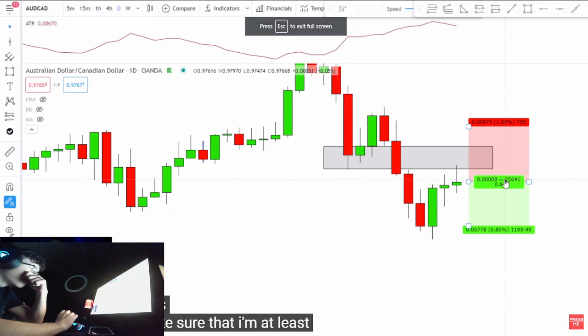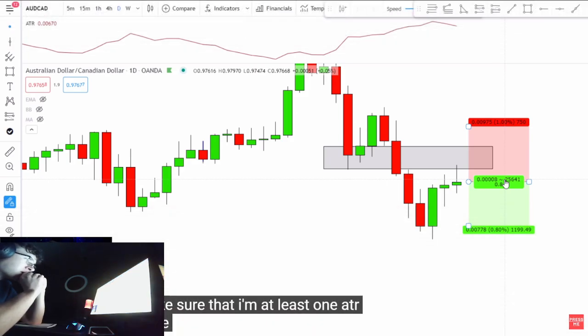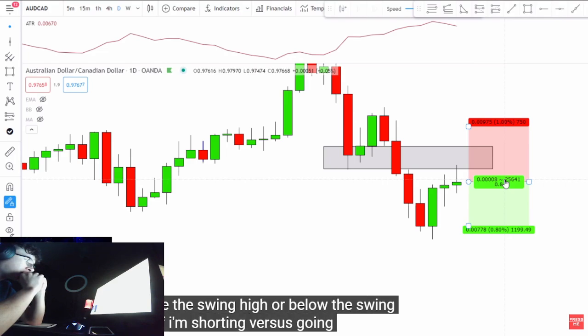I make sure that I'm at least one ATR above the swing high or below the swing low if I'm shorting versus going long.